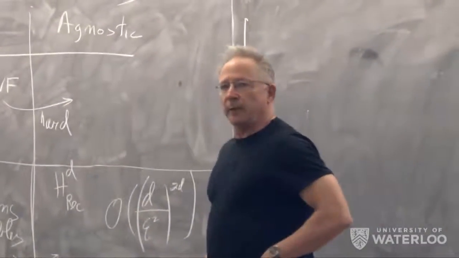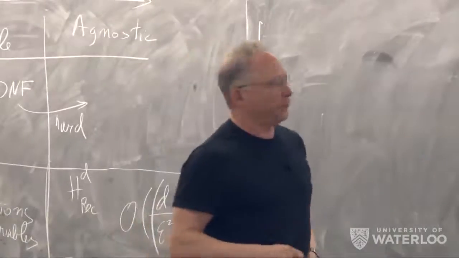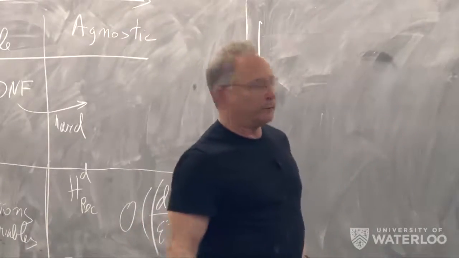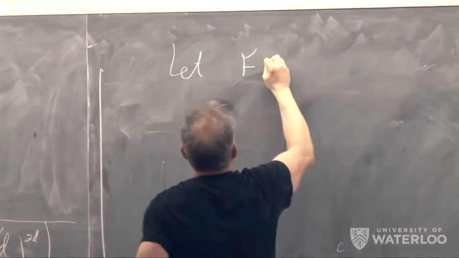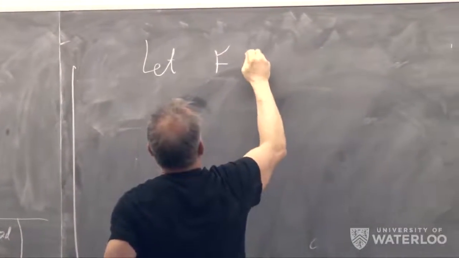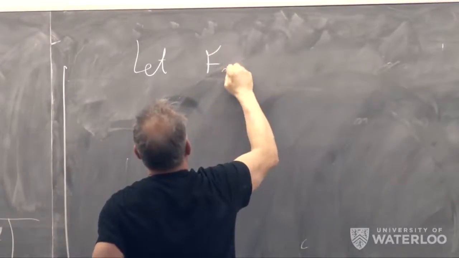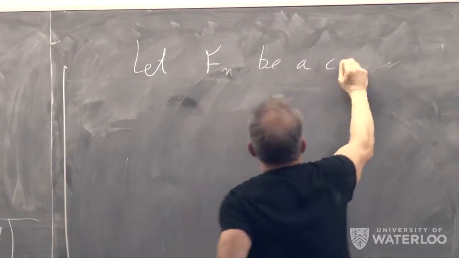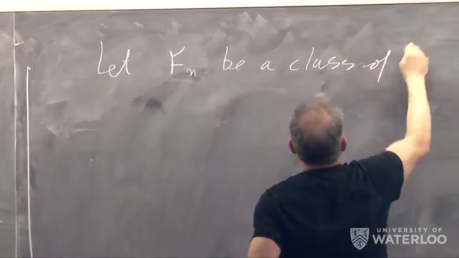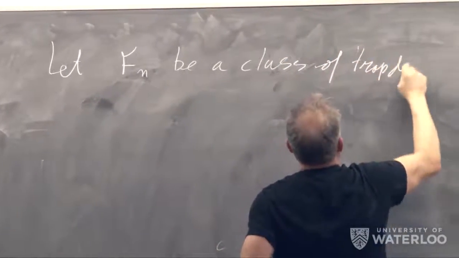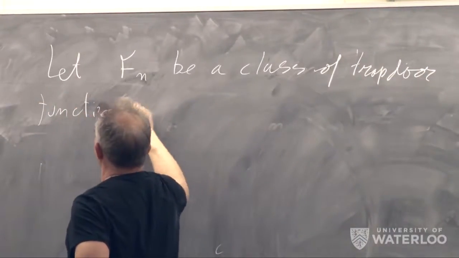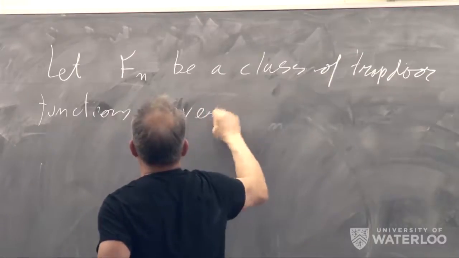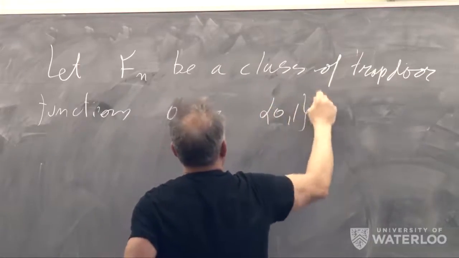So we can consider, if I have a class of trapdoor functions, so let f_n be a class of trapdoor functions over {0,1}^n.